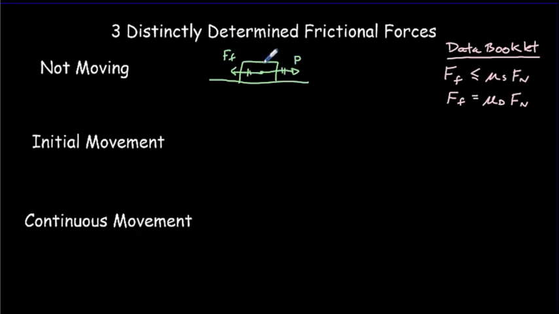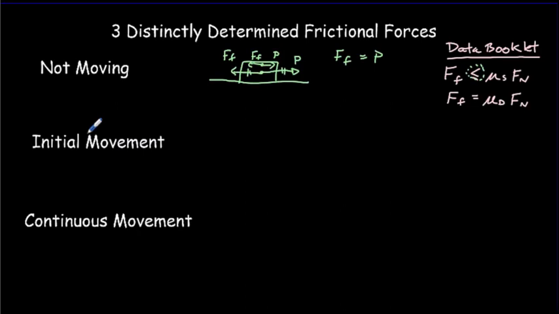So we could have used a smaller push, and we'd have a smaller frictional force. Or we could use a bigger push, and if it still doesn't move, we'd have a bigger frictional force. In that case, we're really just considering the inequality here, so we don't really know the value. So when it's not moving, we can say that our force of friction must be equal to whatever we're pushing with, and it doesn't move.